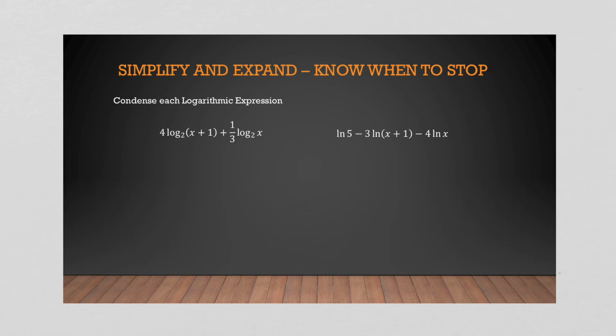Okay, so a couple more. Now we're going to condense our log all the way down. So this time we are going to try and put it back together into one thing. And the most important aspect of that often is going to be to put those back as exponents. So this now becomes log base 2 of x plus 1 to the power of 4, plus log base 2 of x to the power of 1/3. Because now you can start to condense your log back together.